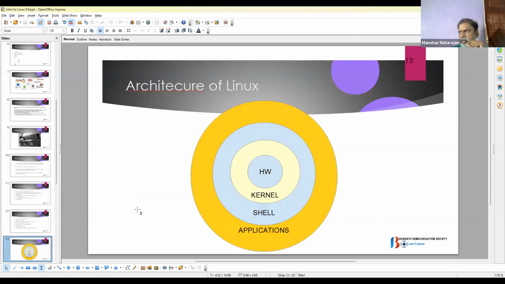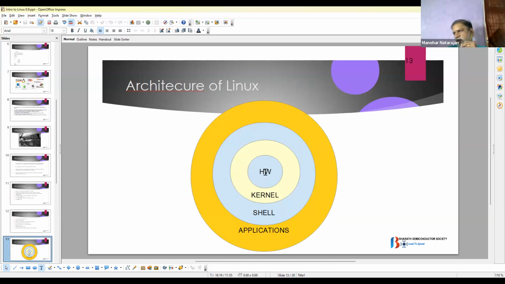So let's take a minute and see how Linux itself is arranged. There are more complex descriptions of how it is done, but I thought I'll put a simplified view of what it is. We have the hardware at the innermost core of the system.